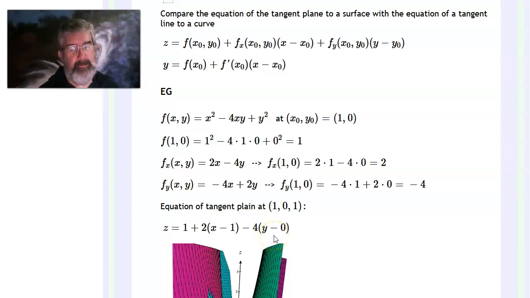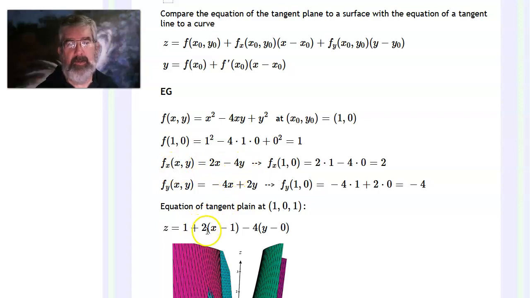Okay. One of the big mistakes that I see students make, they make it in Calc 1, they make it in Calc 3, is that they treat these partial derivatives as not constants. That is, they forget or neglect to plug in the x0, y0. You know, in this problem, the partial of f with respect to x is 2x minus 4y.